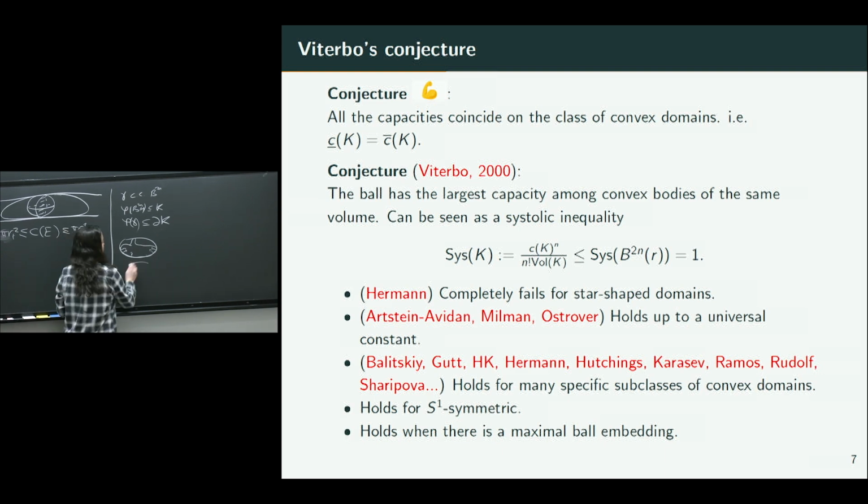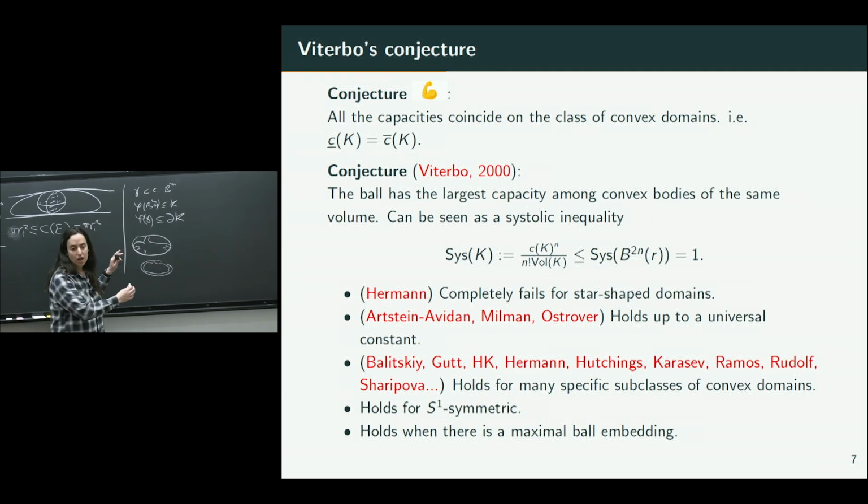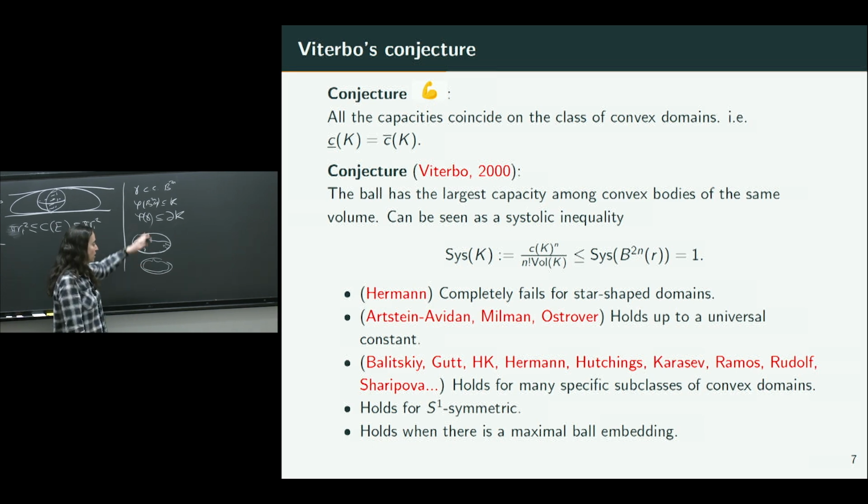And then we would get something like this, which will allow us to increase the ball embedding, so simply take some scaling of it. So it would be in contradiction to the fact that the Gromov width was assumed to be attained.